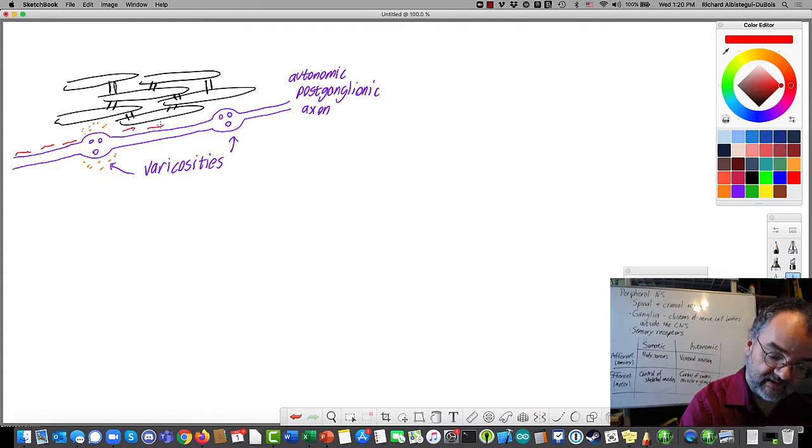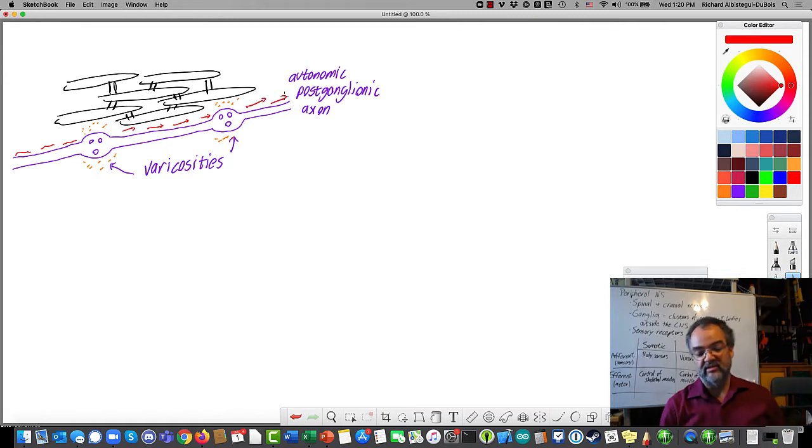And then when it keeps going to the next varicosity, now those vesicles will release their neurotransmitter, and so on. So these varicosities are a little bit like axon terminals, except they're an axon terminal where the axon keeps going on the other end of the terminal, so that it's just releasing neurotransmitter from that spot while the action potential keeps going.